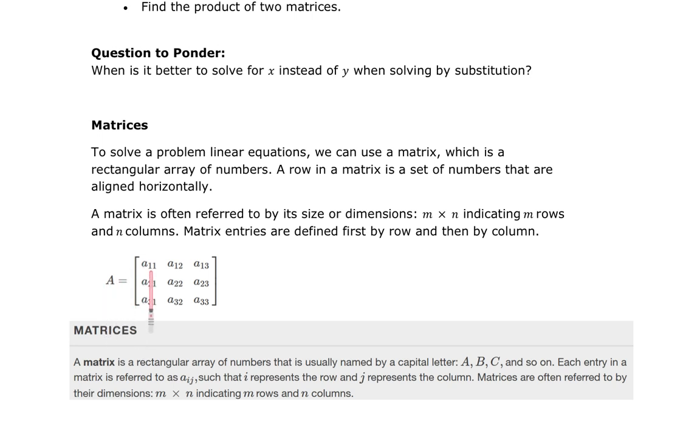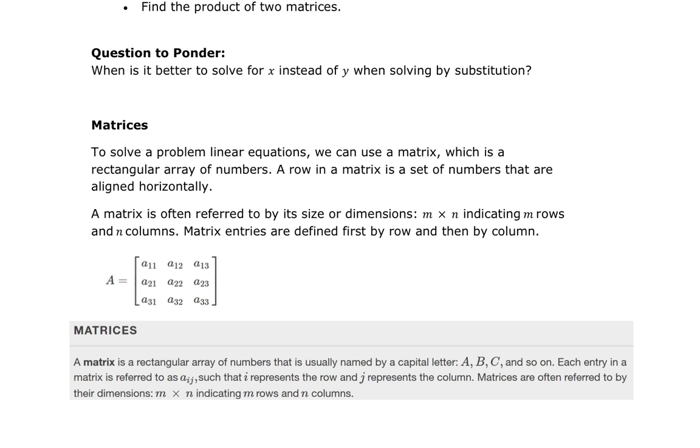Now these little numbers, these subscripts on each one of these entries, tell us first the row and then the column. So when I say A11, I mean I'm in row 1, column 1. If I say A23, I'm in row 2, column 3.